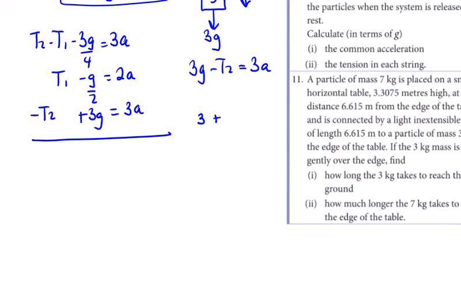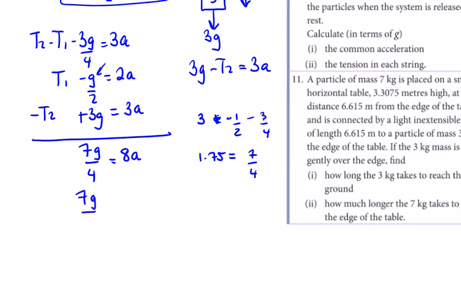The one above it is a half, so minus a half, and above that minus 3/4. So that's 3 minus 1.25, which is 1.75, or 1 3/4, or 7/4. So I'm going to have 7g over 4 is equal to 3 plus 3 plus 2, 8a. So 7g over 4 divided by 8, 7g over 32, is equal to a. And that's in meters per second squared, or ms to the minus 2.